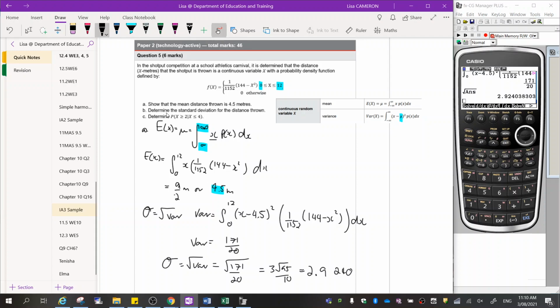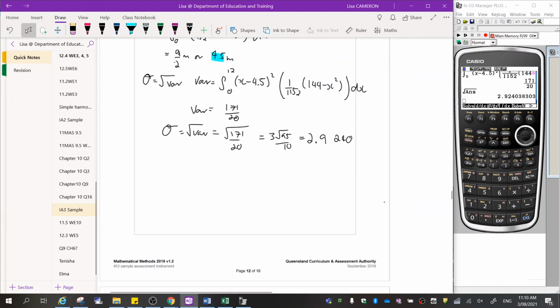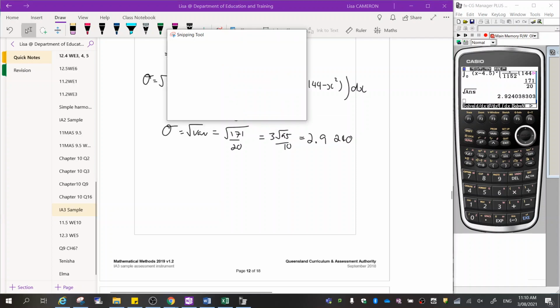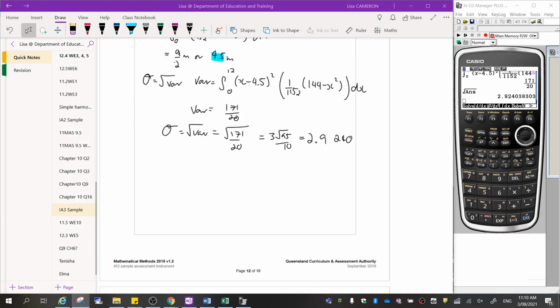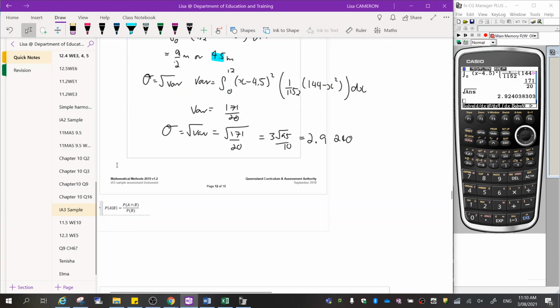Okay, next one that we're going to do is the probability that it is greater than 2 given that it's less than 4. So we're going to scroll down for this one. We're going to look at our statements. Now, you are actually given a formula for your given statements. Now, the formula that you get is this one. Okay, so it's not a hard one to remember.